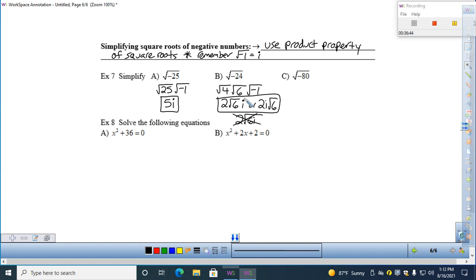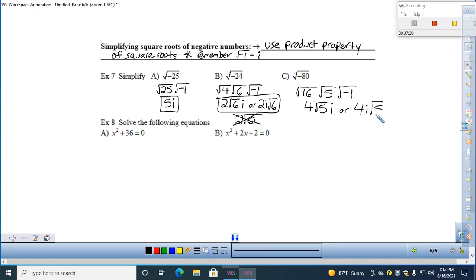All right, letter C. And I hope you don't mind me going relatively fast here. If you need me to help you a little bit with some of these square roots, that's fine. But just in terms of, hey, I'm looking for the largest perfect square that goes in 80, happens to be 16 here. And so I would personally write this as a product of these three factors, because then I know that's 4, that's square root of 5, and that's I. So as I said, you can write it like that.